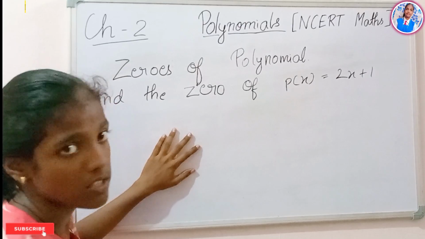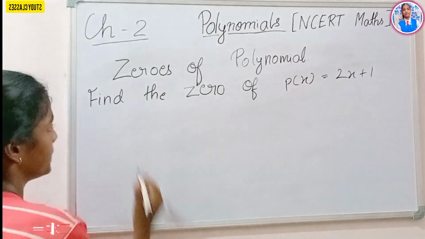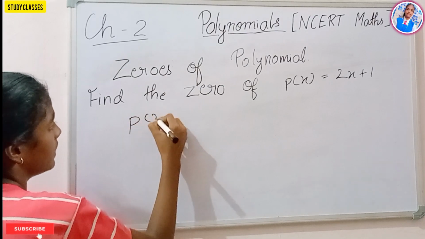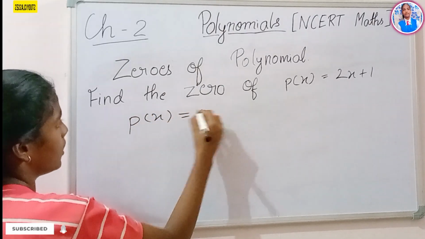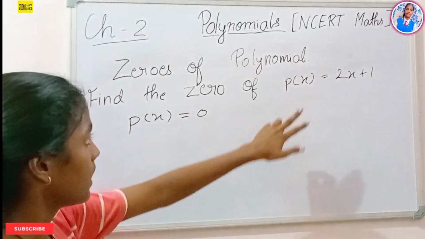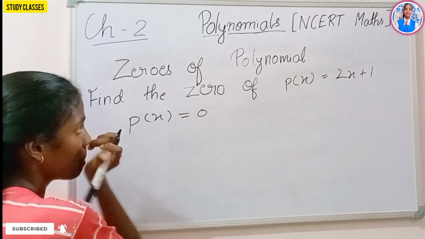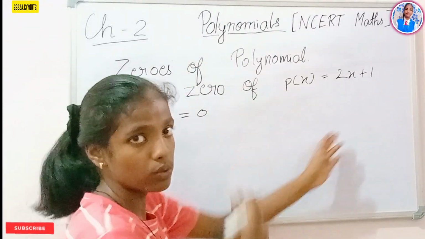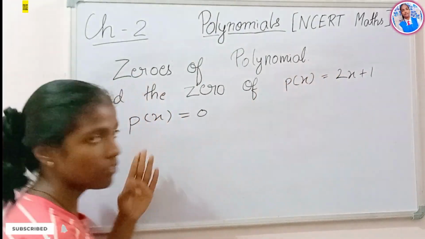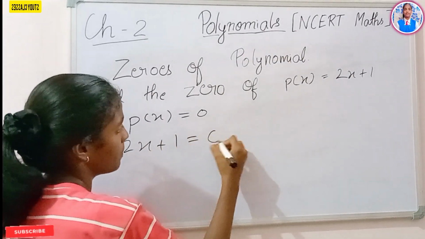So for this, firstly we have to consider that p(x) is equal to 0 because we are finding the zeros of the polynomial. So at the place of p(x) we can write 2x plus 1 is equal to 0.